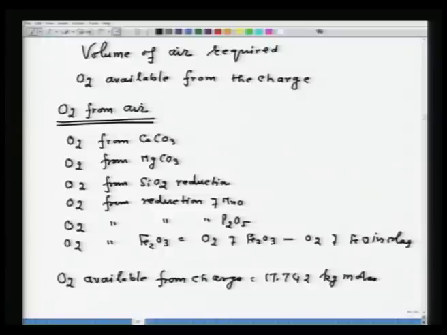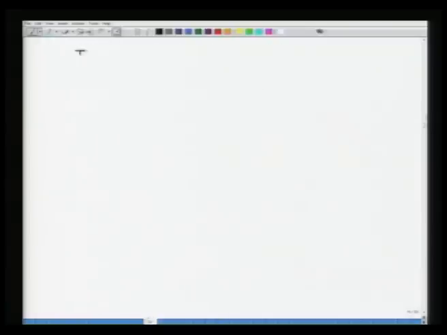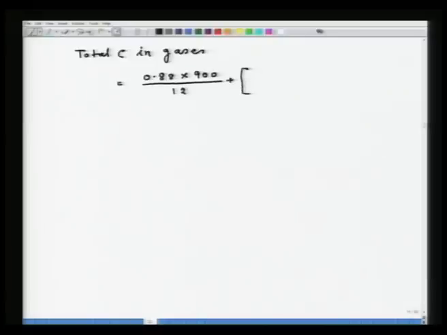Now, in order to calculate the amount of air, we have to find out total carbon in gases. Total carbon in gases will be equal to 0.88 into 900 upon 12 plus 0.96 upon 100 plus 0.02 upon 84.